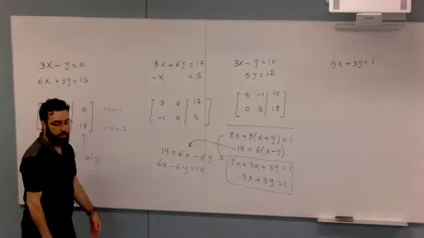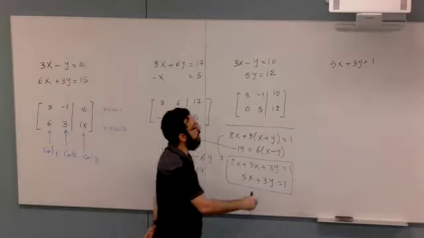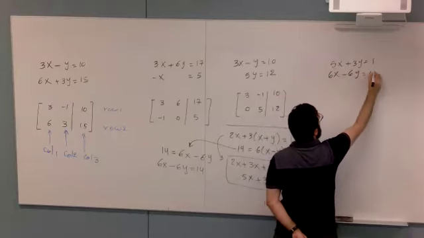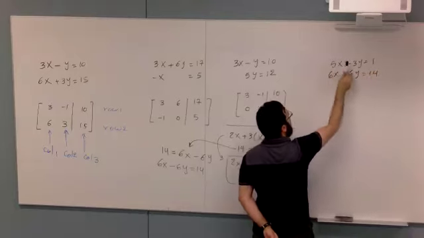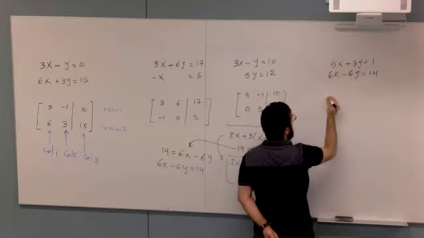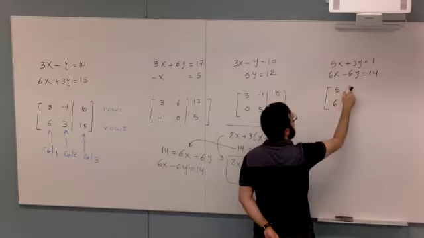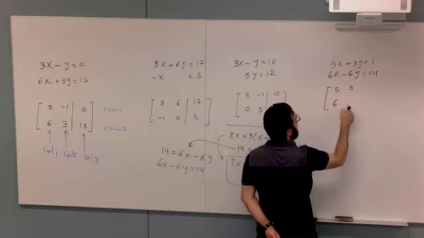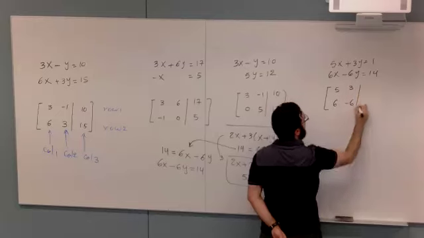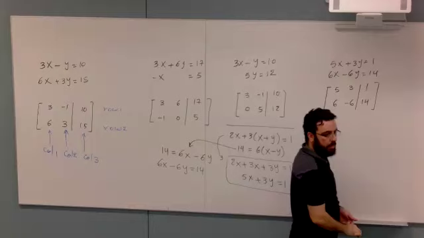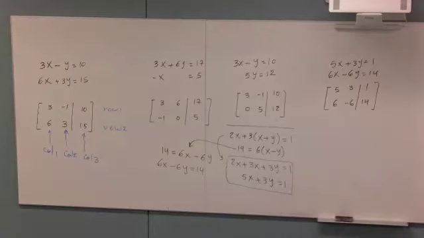The same thing. Now here's the second one: 6x minus 6y equals 14. x, y, and the numbers. Can I write down the matrix? 5, 6, 3 and, 1 and, is that okay?